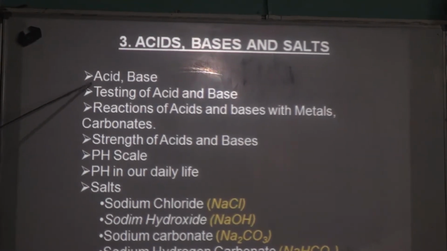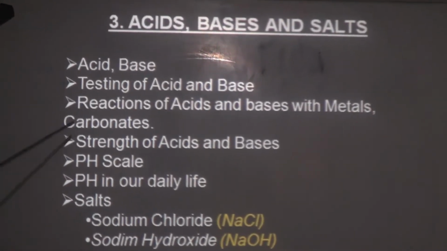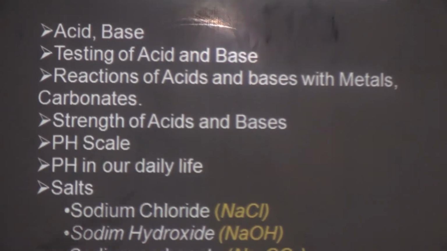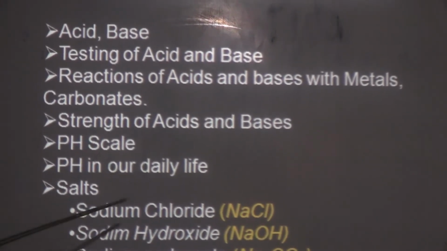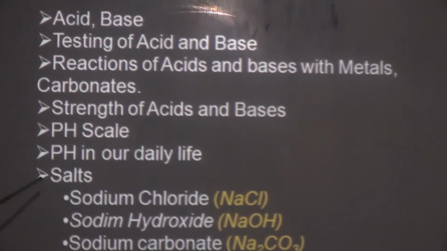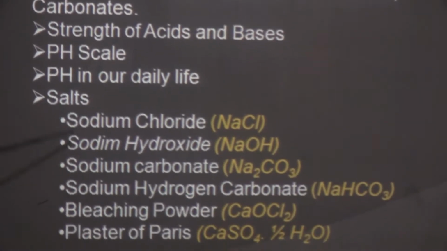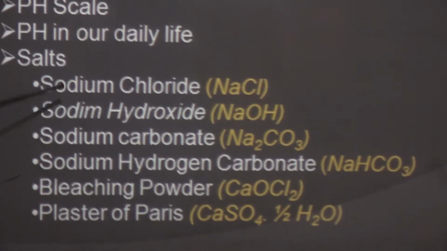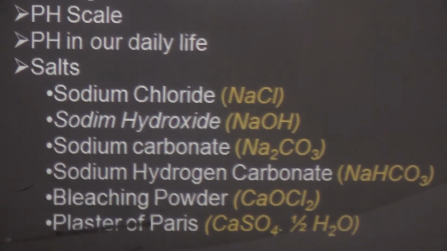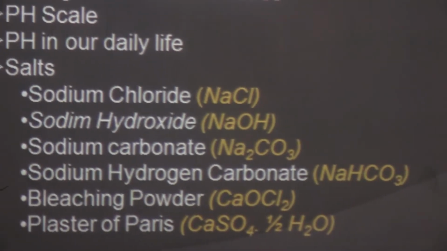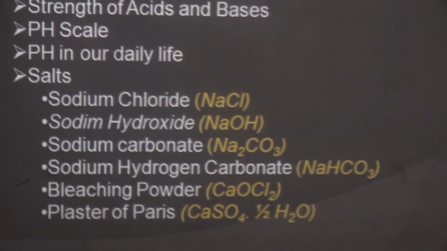What is an acid and base? Testing for acid and base. Reactions of acids and bases with metals and metal carbonates. Strength of acids and bases. pH scale, pH in our diet, and the salts from the acids and bases. We discussed in our chapter about sodium chloride, sodium hydroxide, sodium carbonate, sodium hydrogen carbonate, bleaching powder, and plaster of Paris. These are some salts we discussed in our chapter.